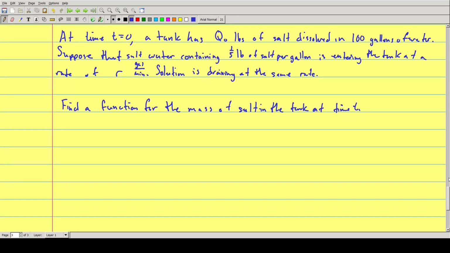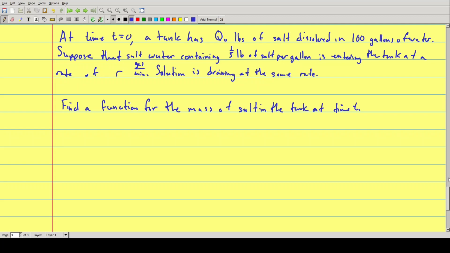Okay. Does this make sense so far? Okay, we're told what the initial concentration of the salt water in the tank is. Okay. All right. We can either be told the concentration and the volume of the tank, or just how much mass of salt there is, right? But we need to know the volume of the tank in order to be able to do the problem correctly.